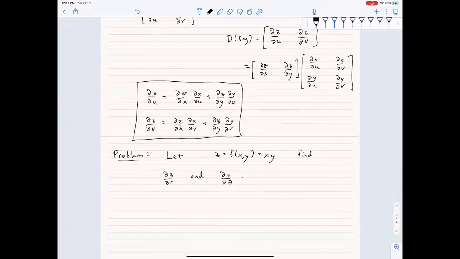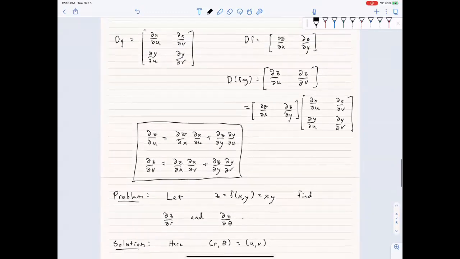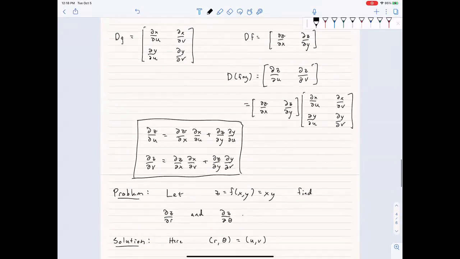And what you do know maybe is the partials of this with respect to x and y. So to write the solution of this, let's calculate all of the things we need here. And let's remember, we've already done all of the calculations for r and theta. So in this case, r theta is uv. We've already calculated this dg, which is just the matrix that we had for polar.